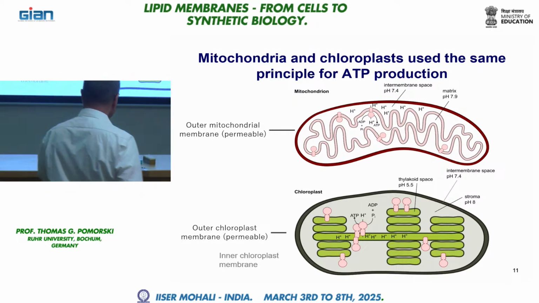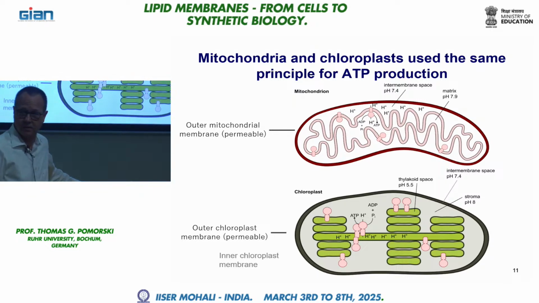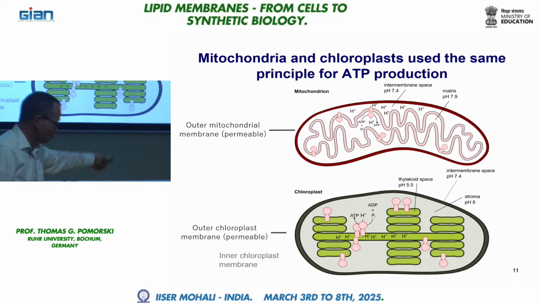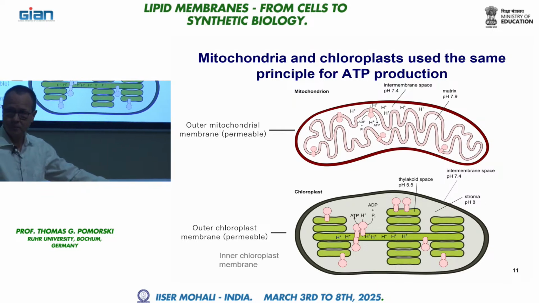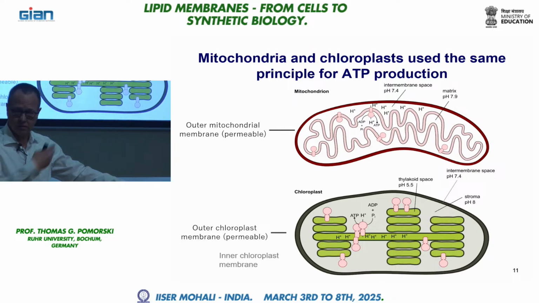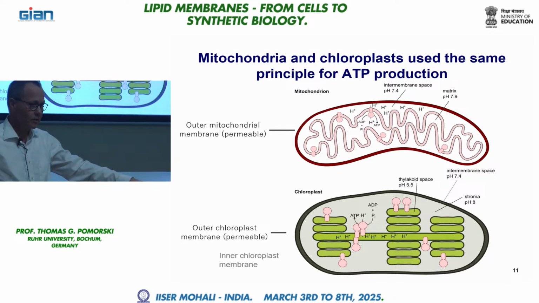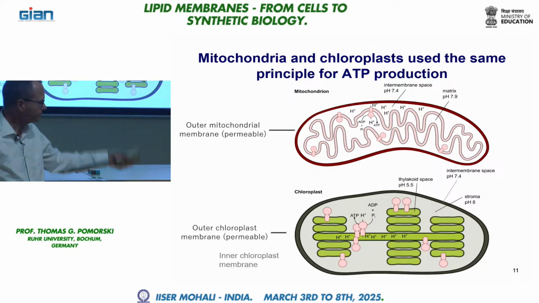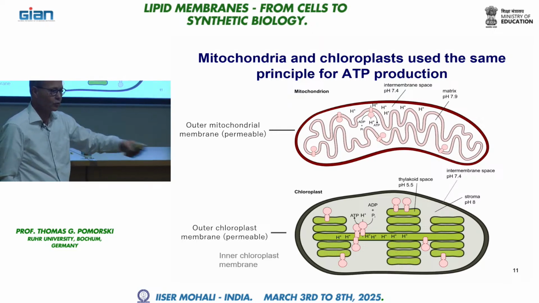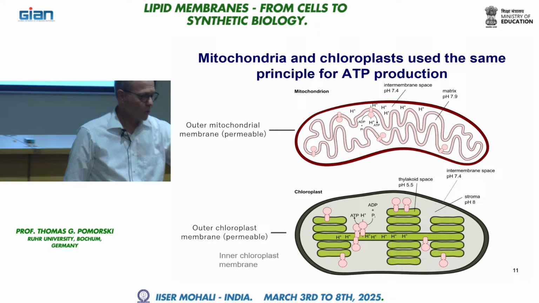So now we have basically the inner membrane. Now we pump protons over with energy-rich electrons. In the case of mitochondria, they come from organic material. So we pump them all here, and they would start to diffuse and go away.